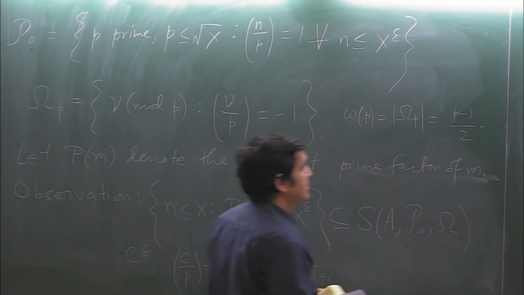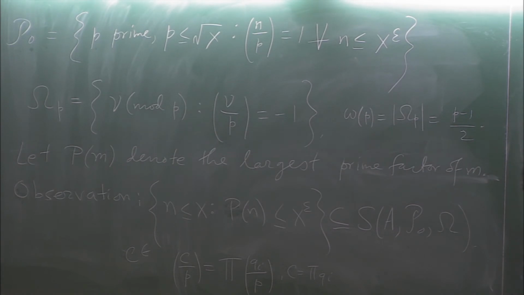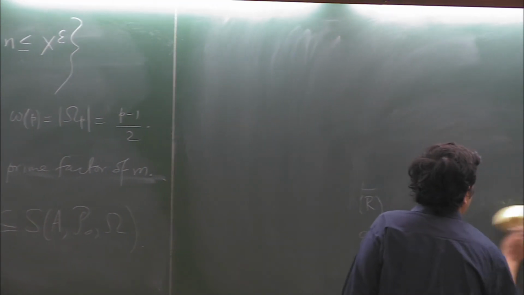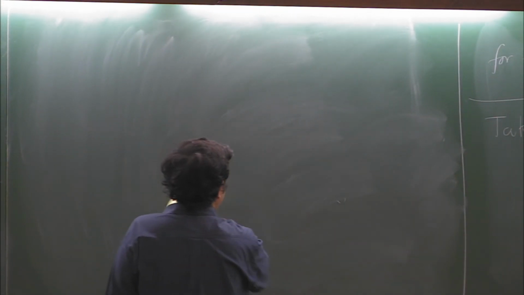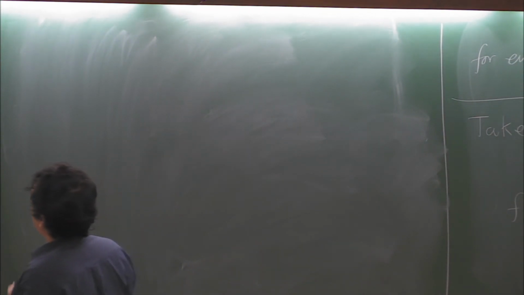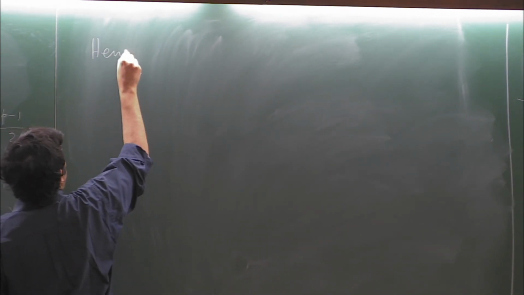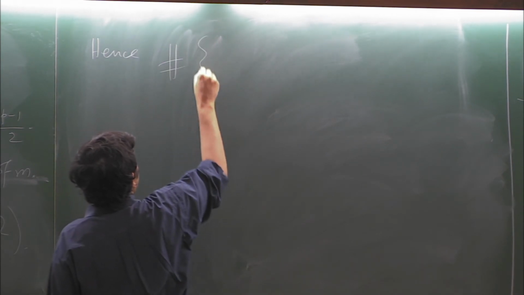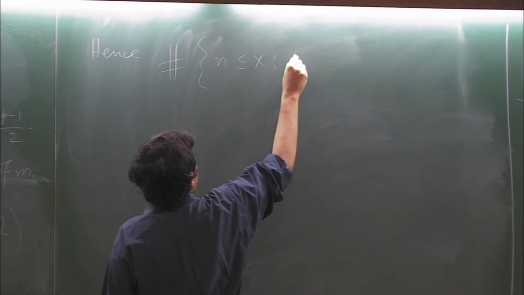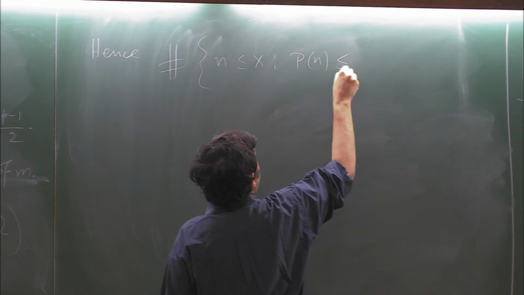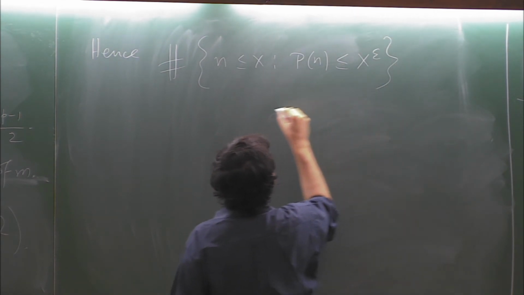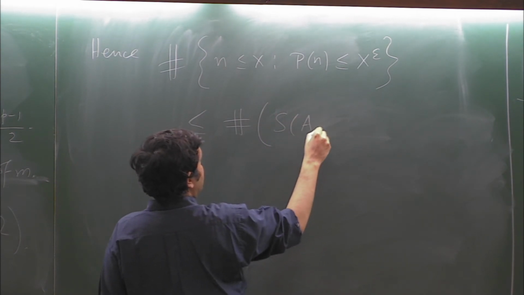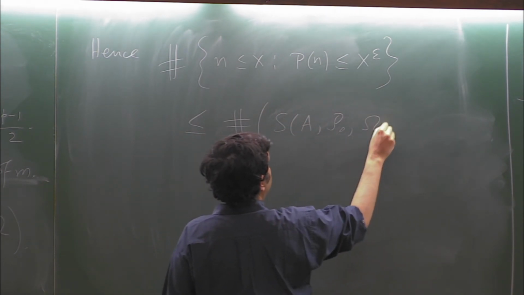Okay, so once you have this, hence the size of this set must be smaller than the size of S_A(P naught, omega).